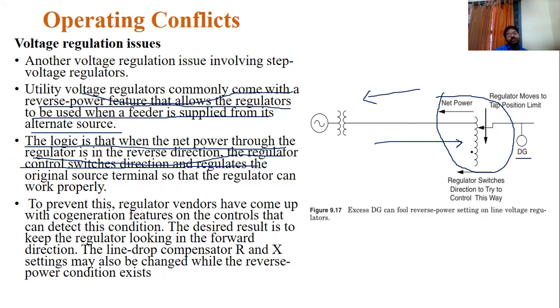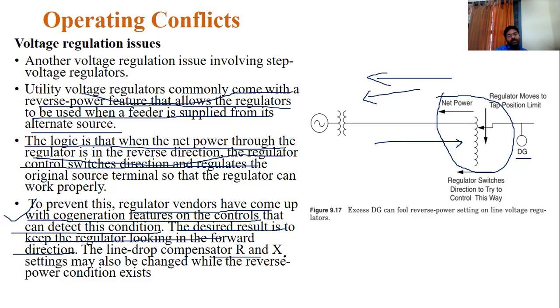So what will happen here? We can prevent this problem. So here we can use this method. Regulator vendors come up with their configuration switches and controls so that it can detect this condition. The result is to keep the regulator looking in the forward direction.